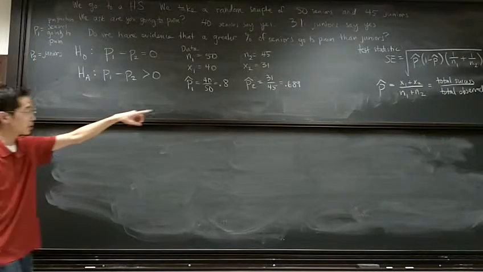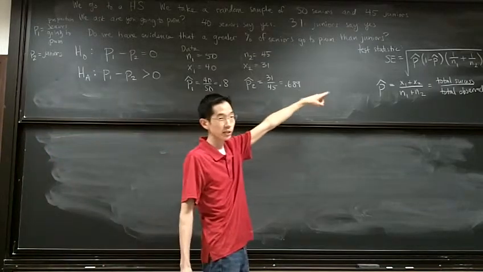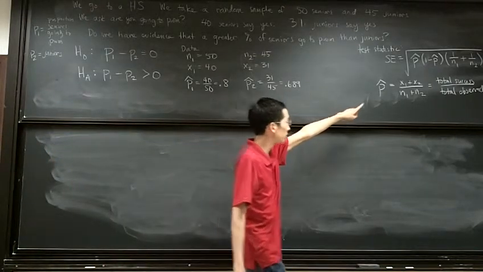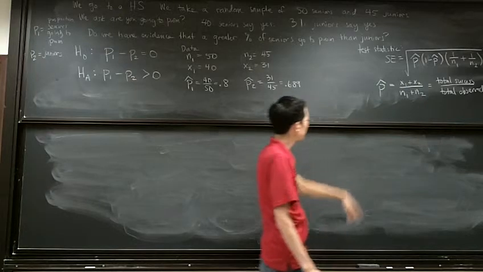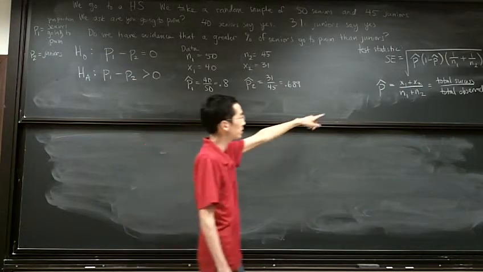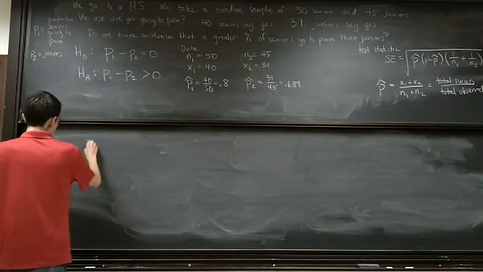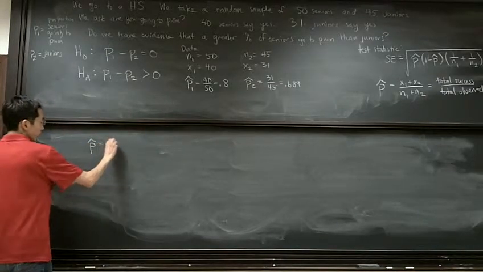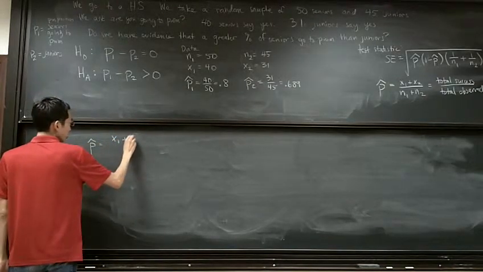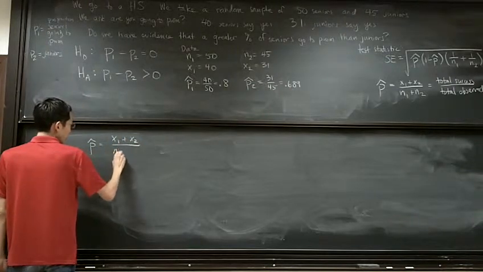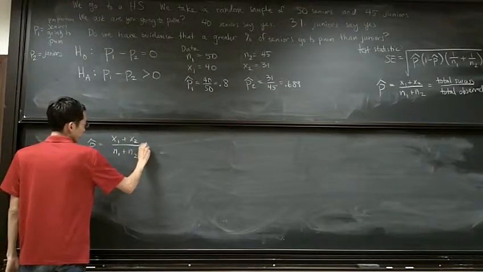Okay, so let's work on figuring out our test statistic, okay? It says our standard error is this, okay? But first, we got to figure out what P hat is. So P hat is X1 plus X2 divided by N1 plus N2.